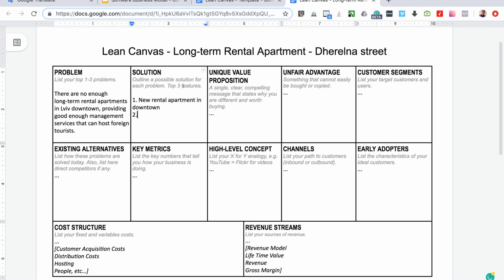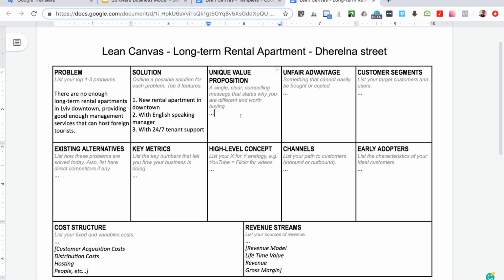Second solution, we need an English-speaking manager. Third one is we need 24/7 tenant support. If our solution has these 3 options, we will probably have no problems renting out this house, right?